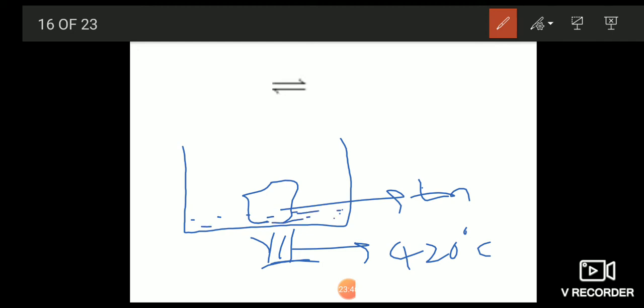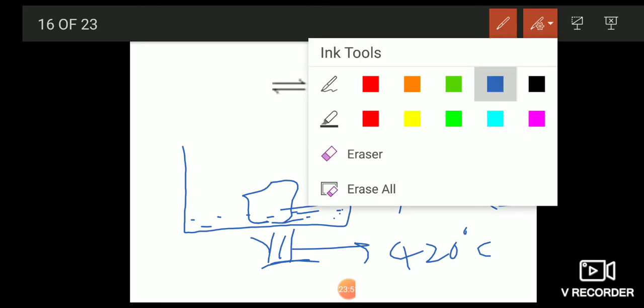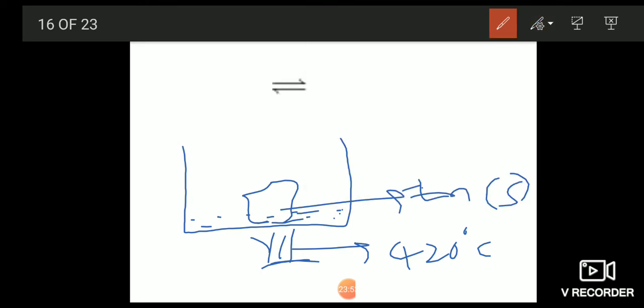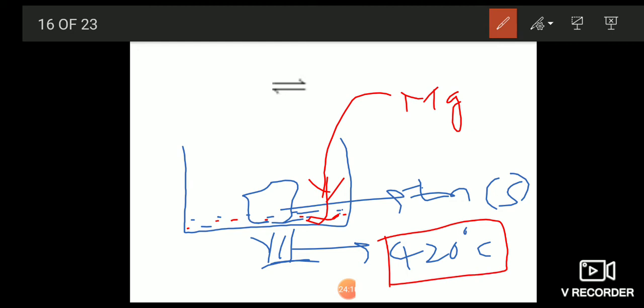It is the melt of solid zinc. Now we are going to add magnesium to this, which will dissolve in the melt to form a melt of Mg and Zn. Now the melting point is no longer 420. As we go on adding magnesium to pure zinc, the melting point will be lowered: 420, 415, 410, like that.